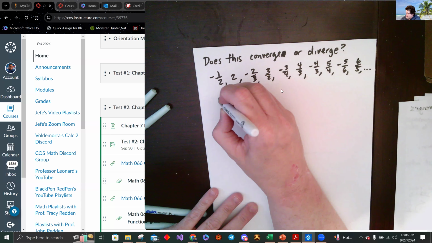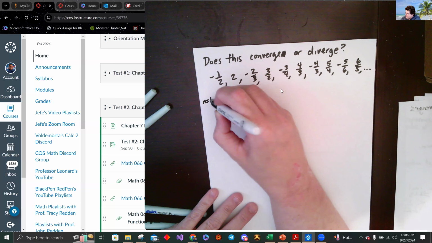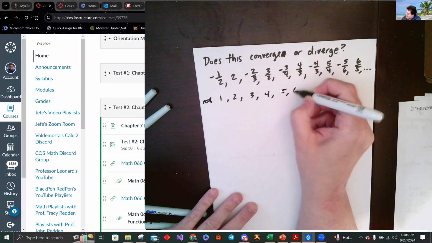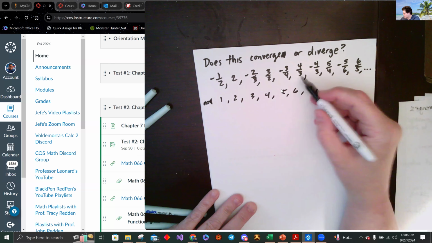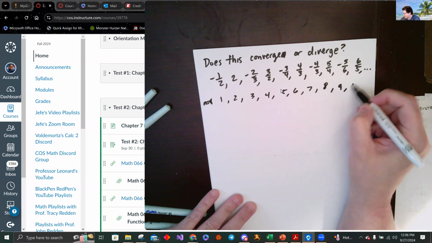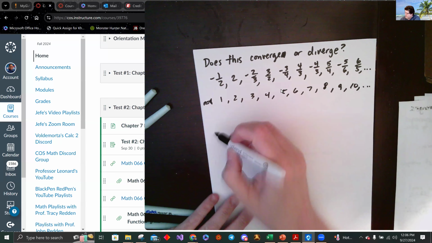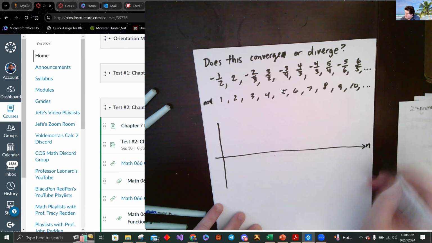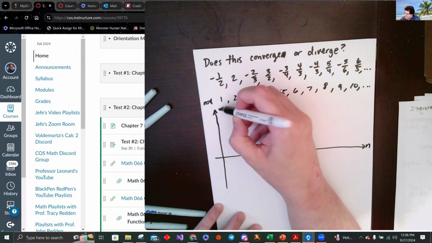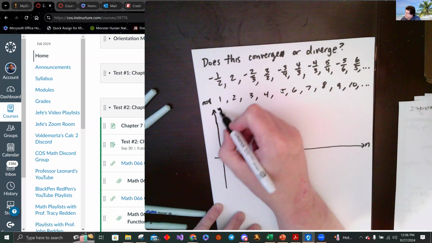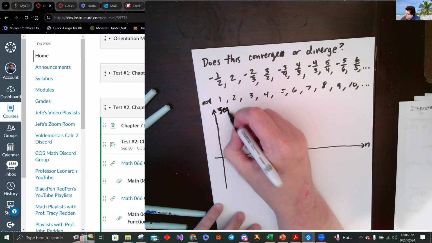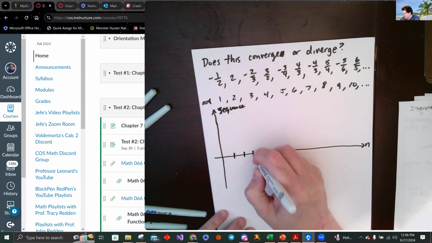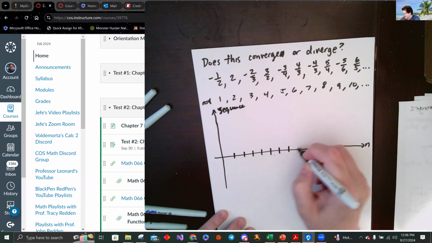So this is like n equals 1, 2, 3, 4, 5, 6, 7, 8, 9, 10, for our sequence.